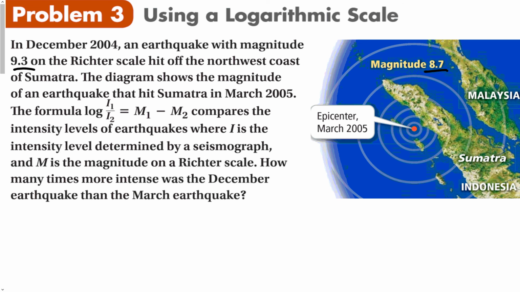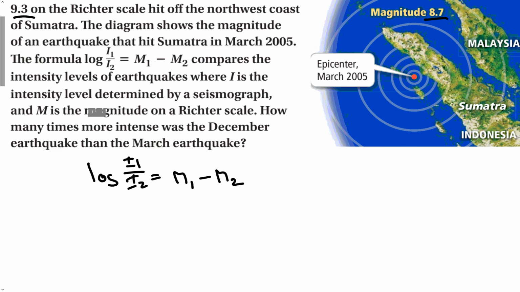This formula, log of intensity 1 over intensity 2 equals the measure 1 minus the measure 2, compares the intensity levels of earthquakes, where I is the intensity level determined by a seismograph and M is the Richter scale. So how much more intense was this? This one was 8.7, that one was 9.3. It doesn't seem like it's that much more intense, but let's solve this equation and figure out how much more intense the bigger one actually is.